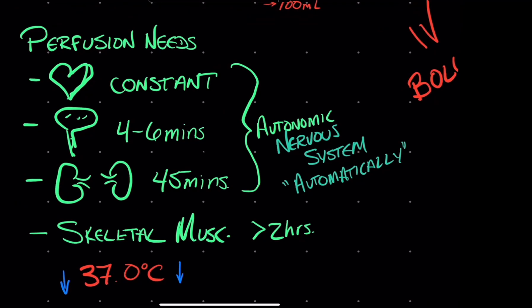So the next thing we're going to touch on is, now that we've discussed the blood, and I touched briefly on vasculature, let's bring it all back together as you look at perfusion. There are certain structures or organs in our body that need constant perfusion of blood.